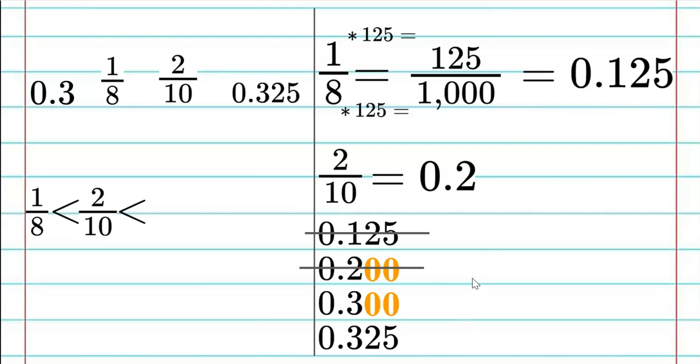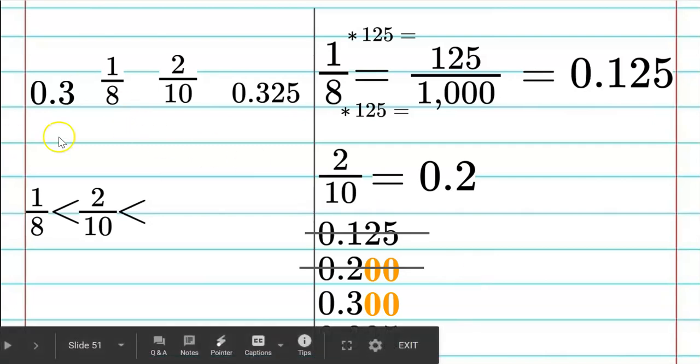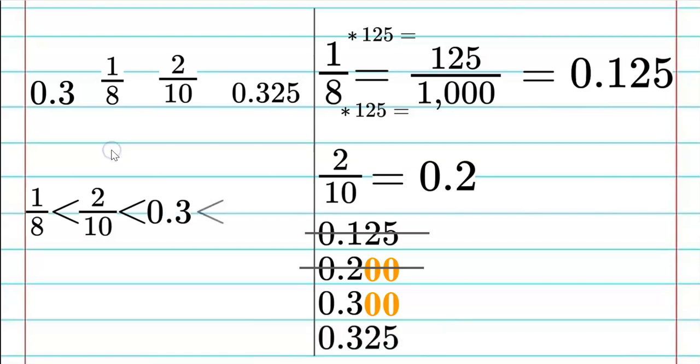That means 3/10 is my next smallest. So I would write 0 and 3/10 as my next decimal. And then I would write my very last one, 325 thousandths. So this is in order from least to greatest.